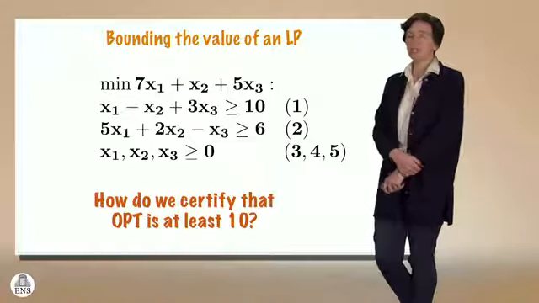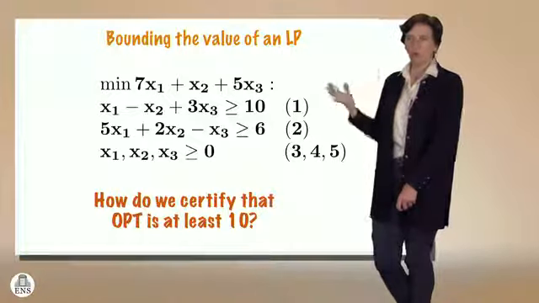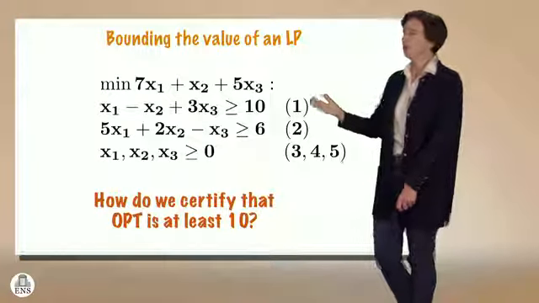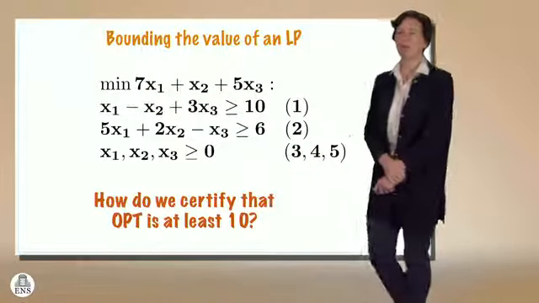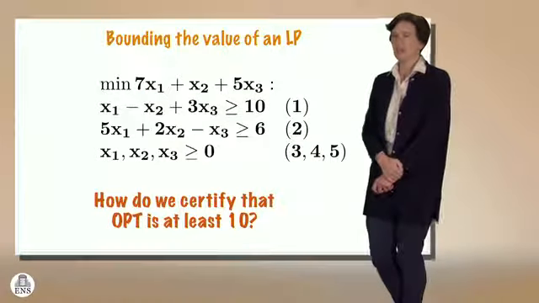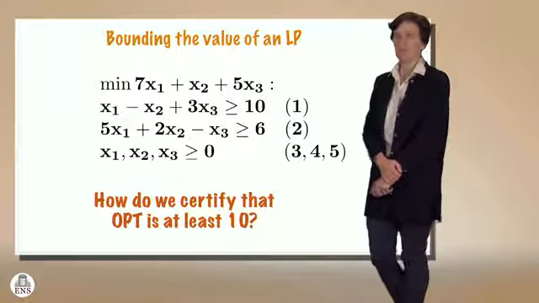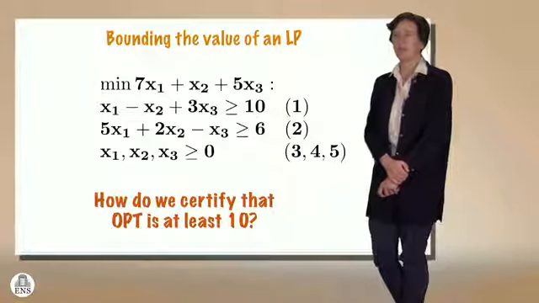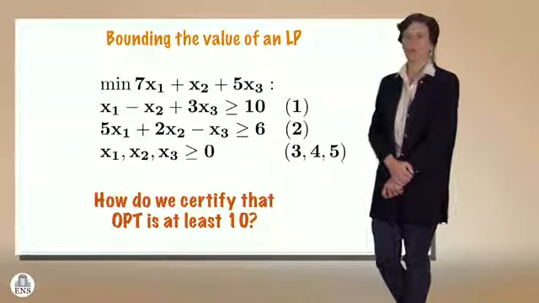Why? Because even if we look at a particular feasible x and its value is greater than 10, how do we know that when we minimize over the entire polytope, there isn't somewhere some feasible x1, x2, x3 with value less than 10? So how can we certify that? For that, we have to look at the constraints.